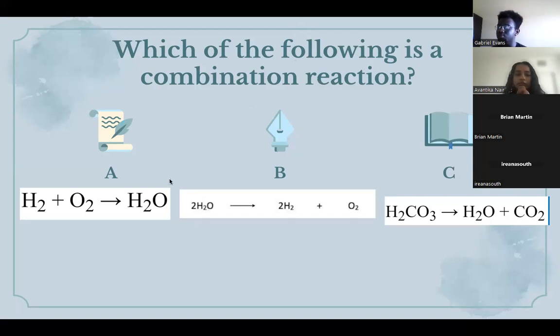I don't know if that really explains it, but in A, it merges into H2O rather than just being H2O2. Yeah, boom, that's a really good explanation. So yes, B is decomposition. I don't think C is double replacement or whatever you said. I think it's also decomposition, but Gabe and Liana, feel free to correct me if I'm wrong.